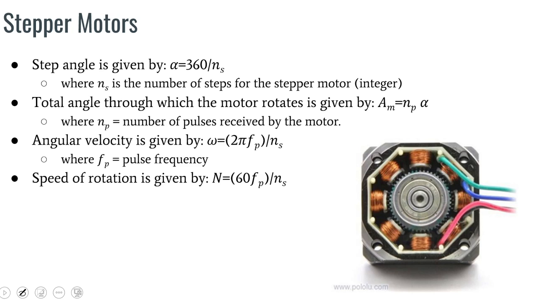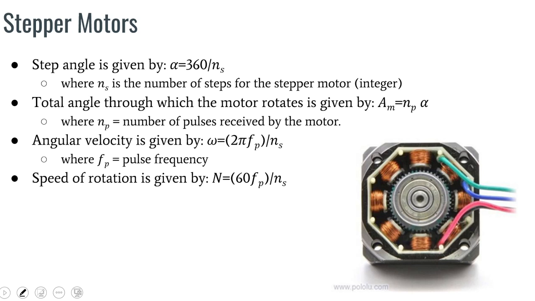Now let's also look at an example of how we go about controlling stepper motors. Given that stepper motors are very accurately controllable, there's a good chance we may use them in many different applications. So we look at some of the common approaches we may take in controlling these stepper motors.